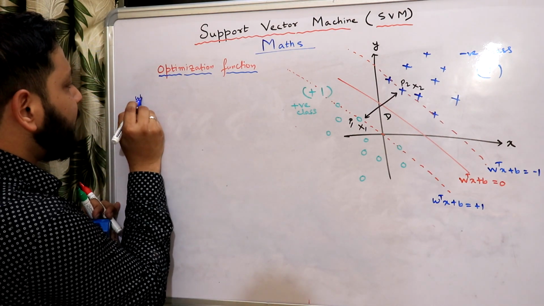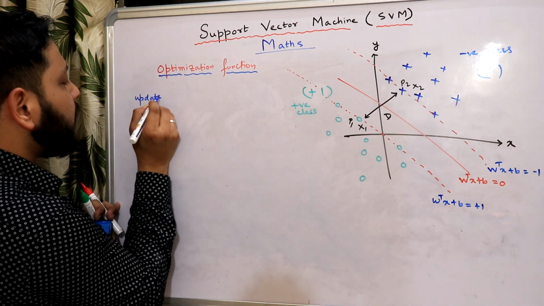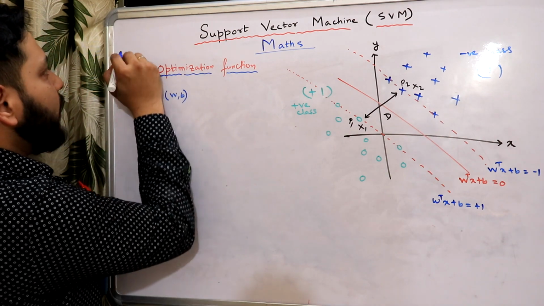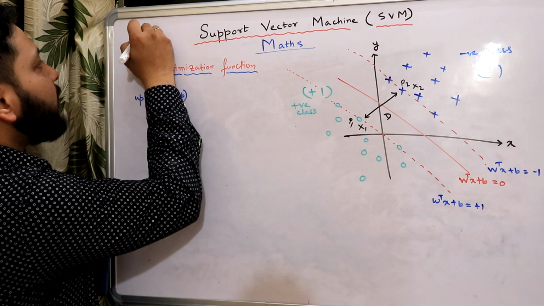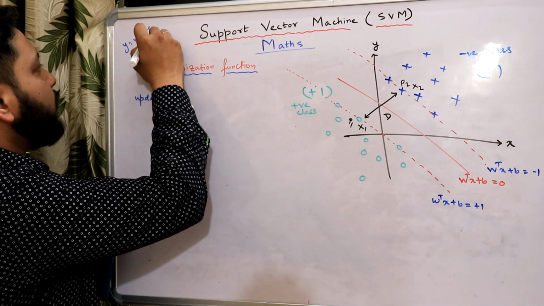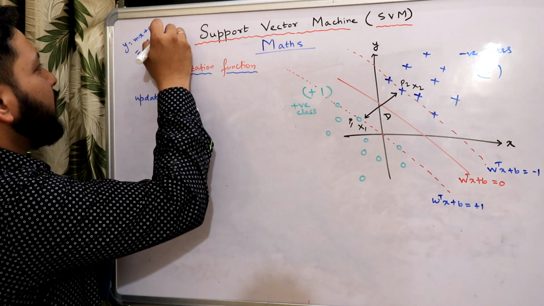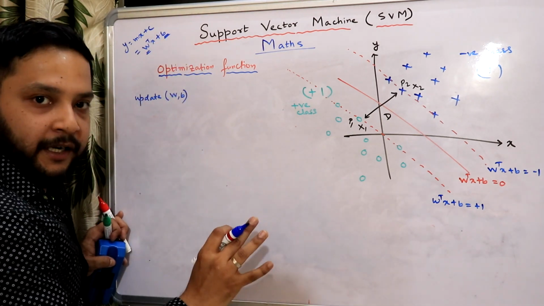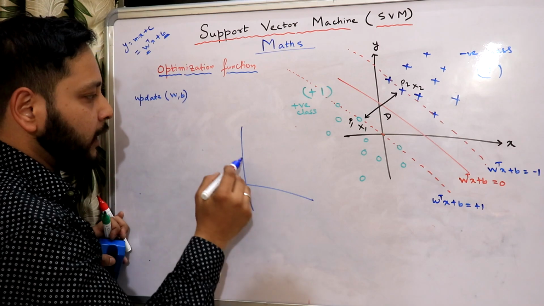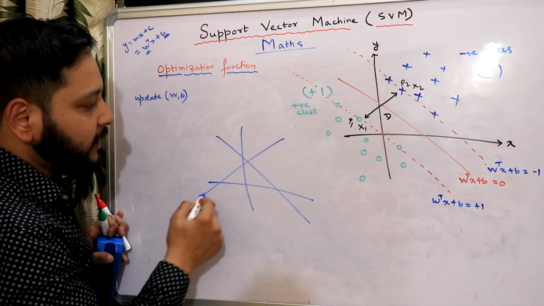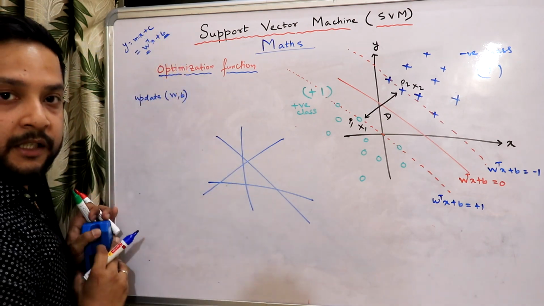We have to update the value of w and b, because in y equals mx plus c, here we are writing it as w transpose of x plus b. So this b and w transpose, we need to update. If it is this straight line, then w transpose and b will be different. If it is that straight line, then w transpose and b are different.